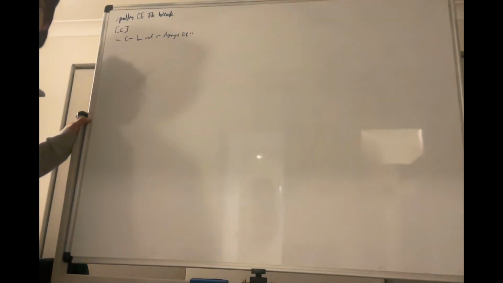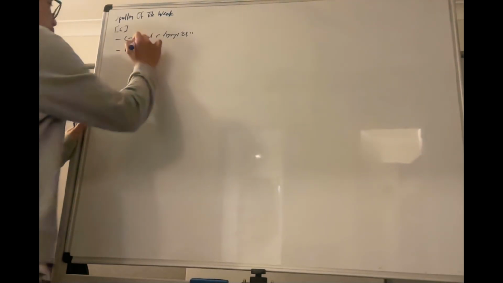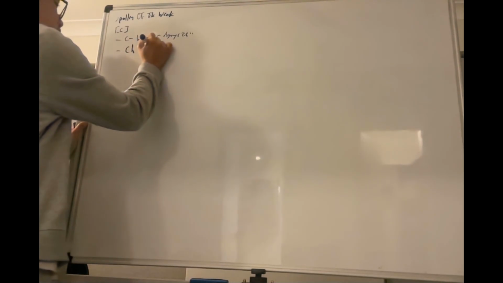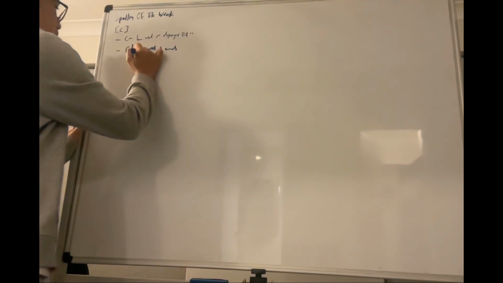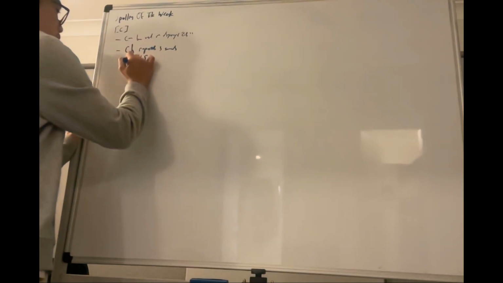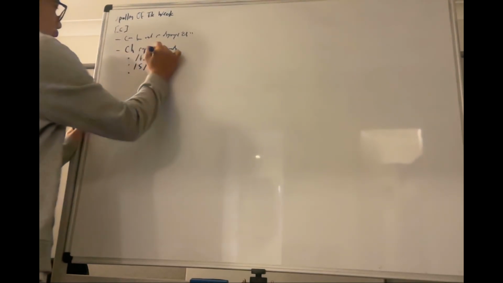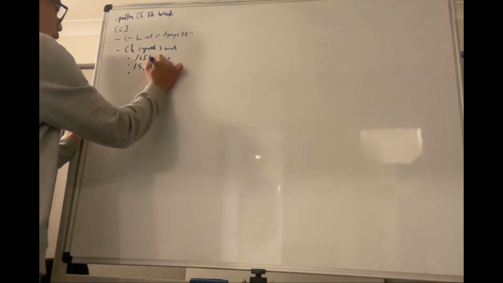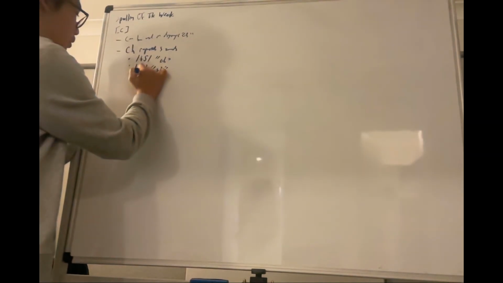Okay, so C mainly represents three sounds. CH represents three sounds: CH, SH, or the K sound.